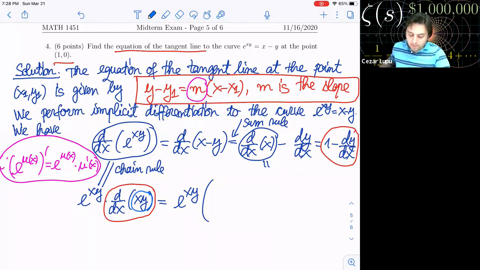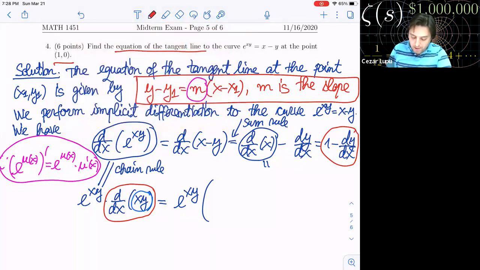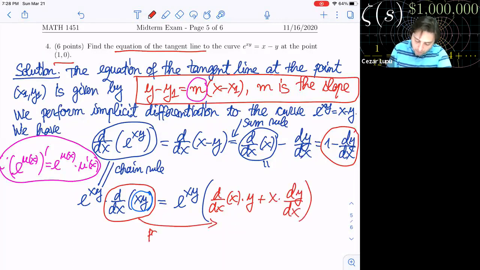So this would be what? Let's do it. I'm going to write it with red. So it will be d over dx of x times y, plus x times dy over dx. So we use here the product rule.